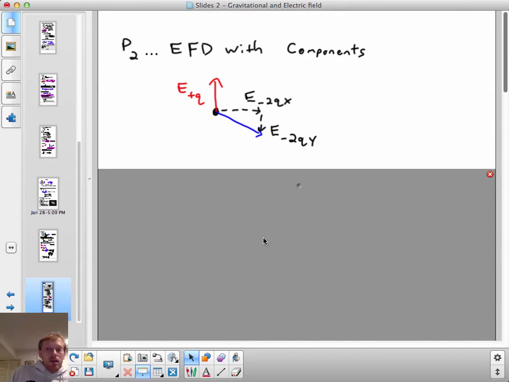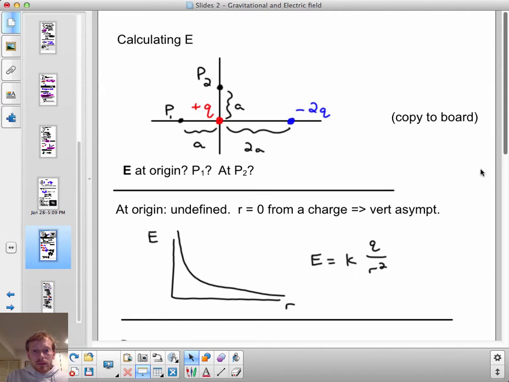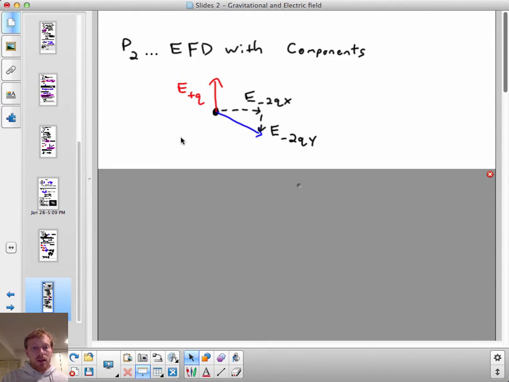Well, now let's work on getting the magnitude and direction of electric field created by those two charges at this location in space, point P2. As you can see from the diagram in the previous page, the positive charge creates a straight upward contribution to the electric field.